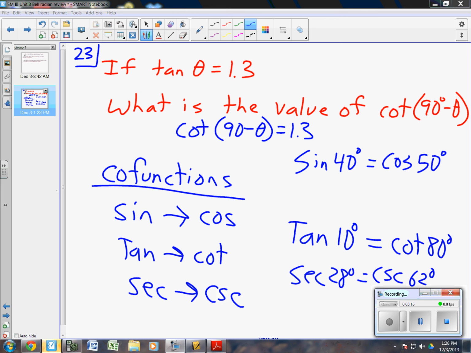If I had 20 right here, the tangent of 20 is 1.3. Down here, what's 90 minus 20? 70. And since cotangent and tangent are cofunctions, and 70 and 20 add up to 90, they're going to be equal, right? So if theta was 20, 90 minus 20 is 70. That's tangent, that's cotangent. They're cofunctions, so they're going to be equal to each other. 1.3.